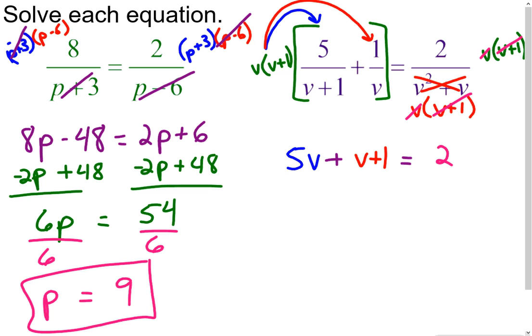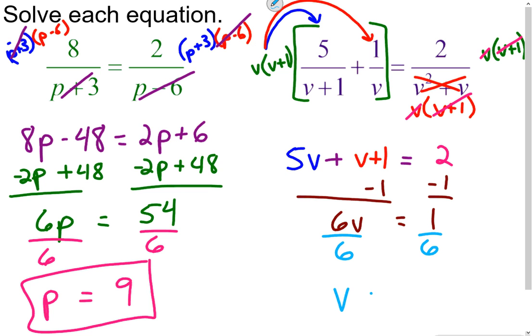And now I continue solving my equation. So I'm noticing that I need to get rid of this 1 on this side. So I subtract 1 from both sides, and now I have 6v equal to 1. If I now divide both sides by 6, I get v equal to 1/6. And now remember I said we have to make sure that that solution does not make any of our denominators equal to 0.